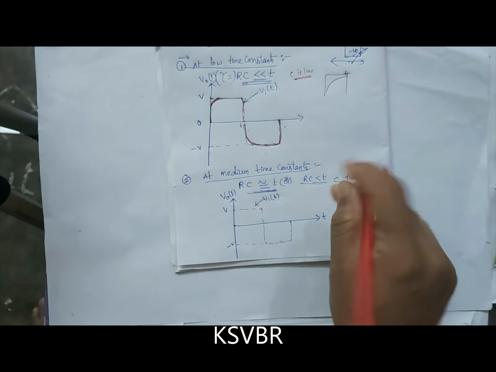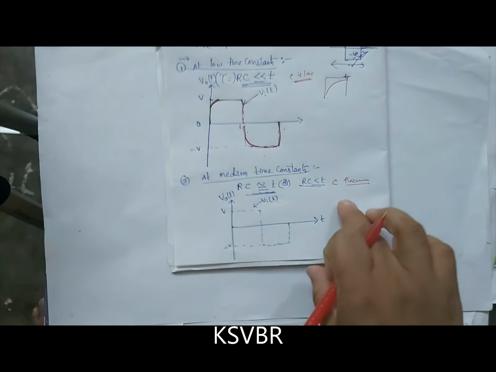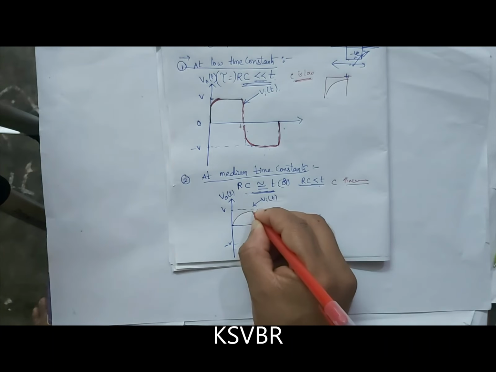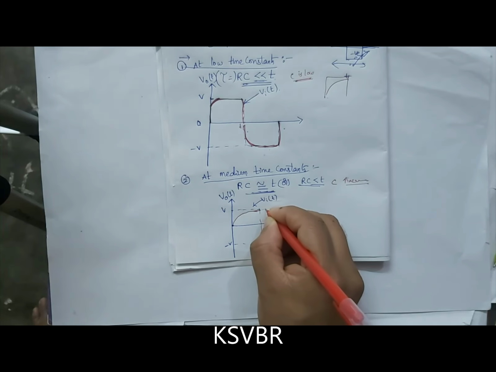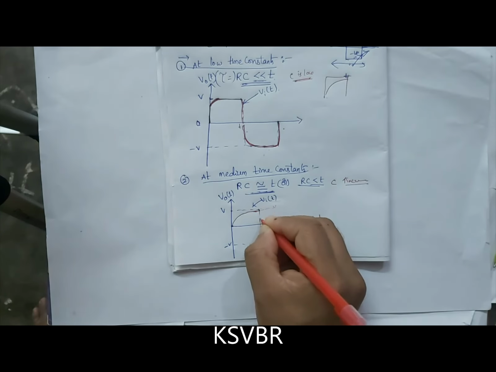So whenever the value of capacitance increases, it takes more time to charge. So here it starts charging like this. Okay, it is charging. It will go till where V is set. But here we have the time limitation.